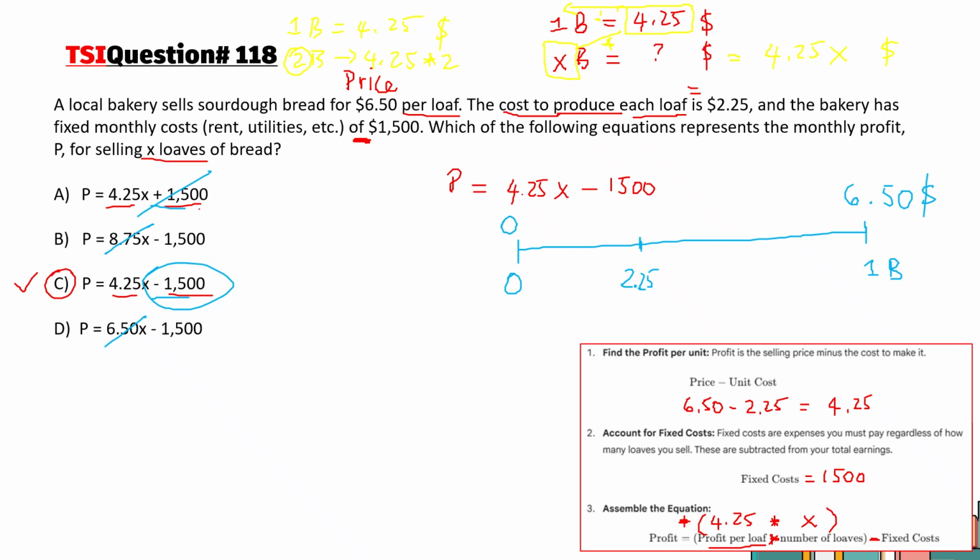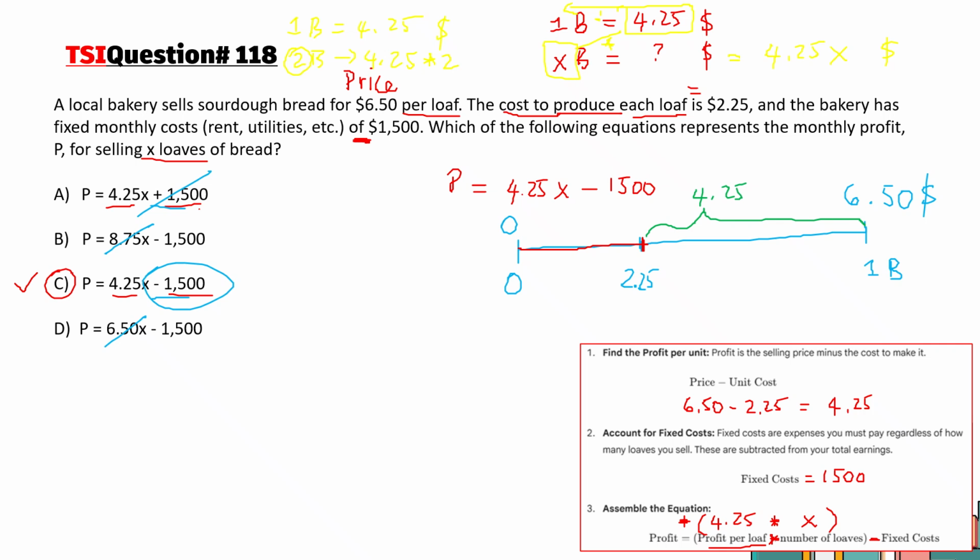So this is the cost you lose for one loaf, okay? And then you will see the profit, the green part right here, is the difference between 6.5 subtract 2.25, and this is the 4.25 difference, and that is your profit per unit or per loaf.